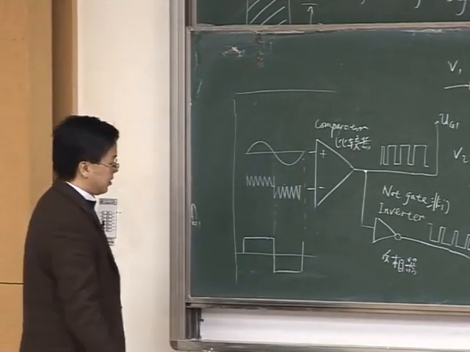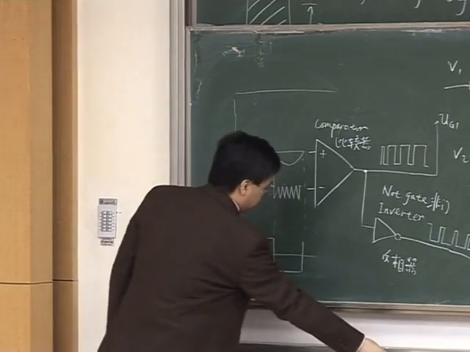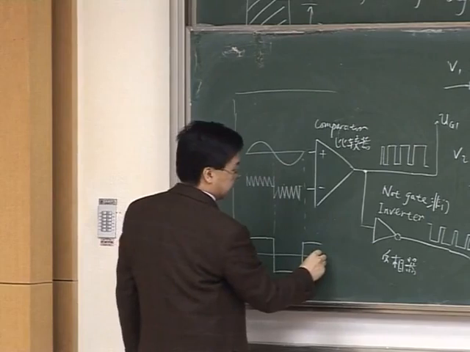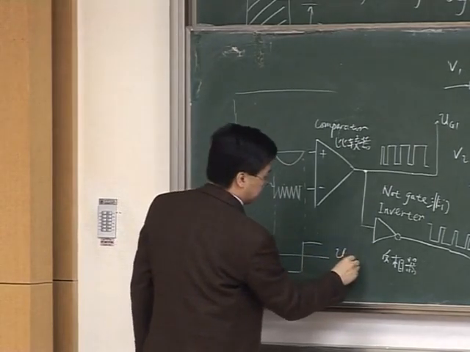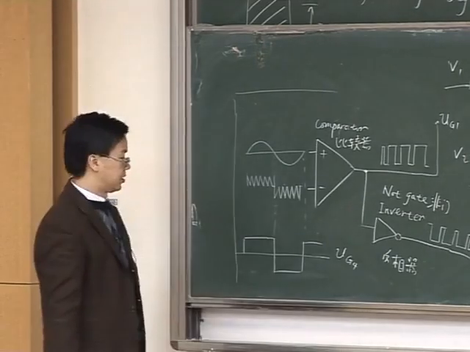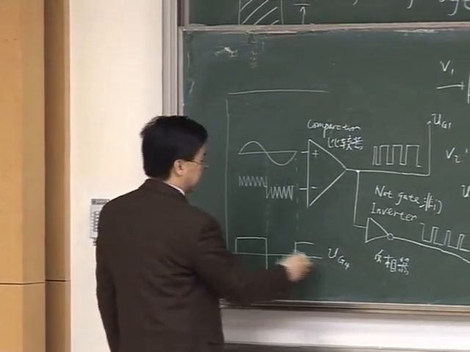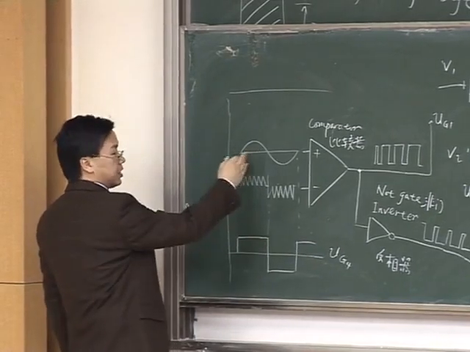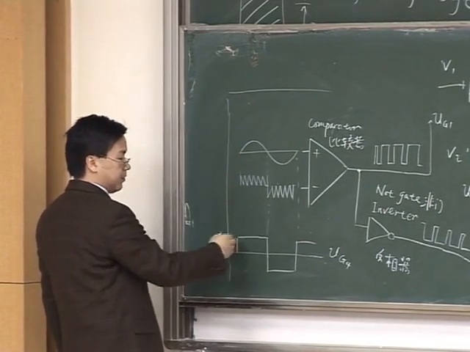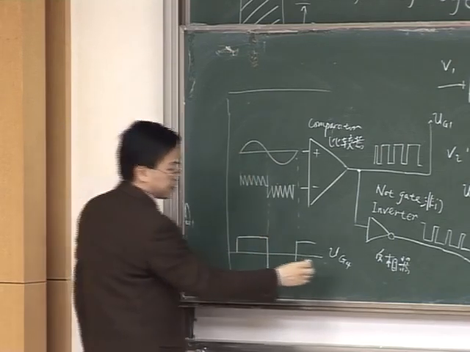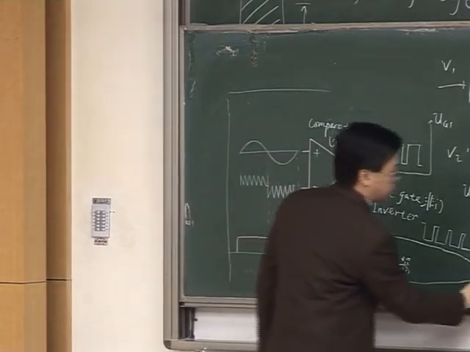And this square wave, with the same phase angle, is used as the modulating signal to control V4.